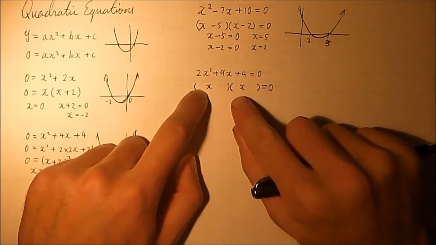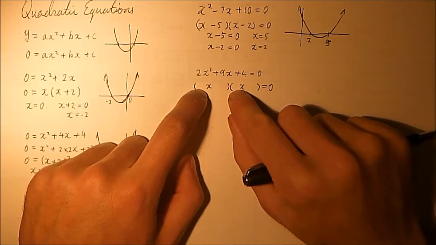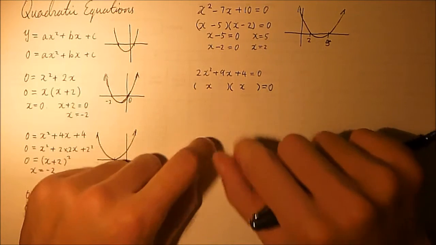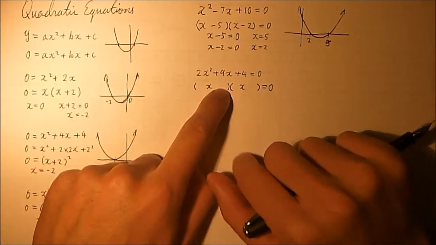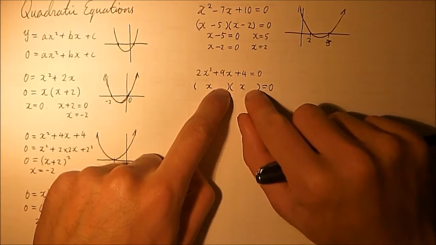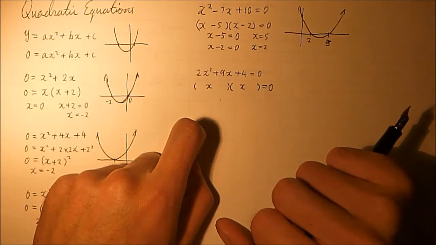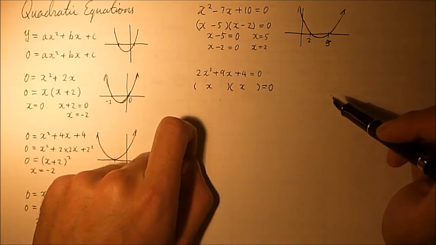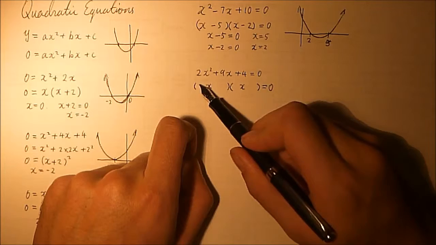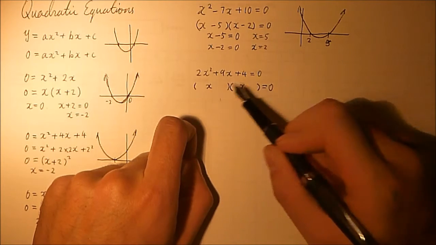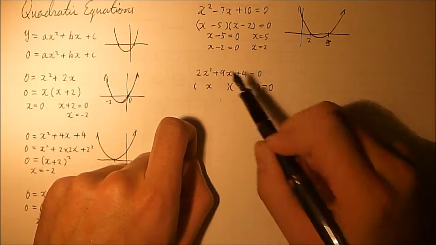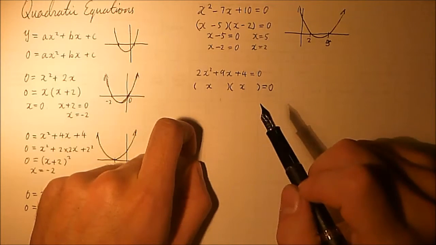So this thing in front of x times this thing in front of x has to be 2. And then this thing times this thing here has to be 4. And to complicate things even further, this thing times this thing plus this thing times this thing has to equal 9.